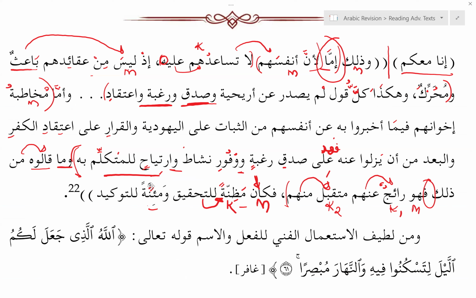It's not necessary. Most of the time it will be rafa because it's the mubtada. أما الكتاب فاقرأ, that one will still be nasab. For example, أما سعيد فمجتهد. That would be مبتدأ خبر. سعيد مجتهد. Fine, no problem.